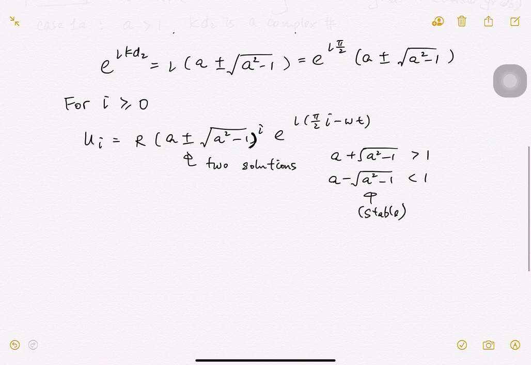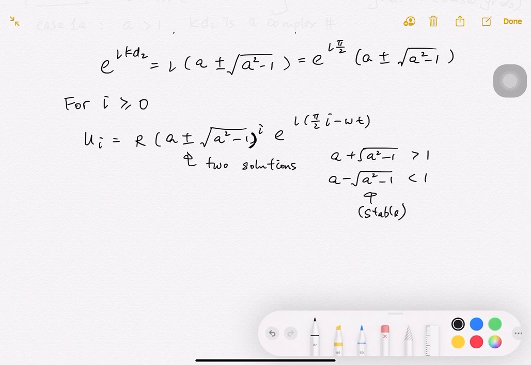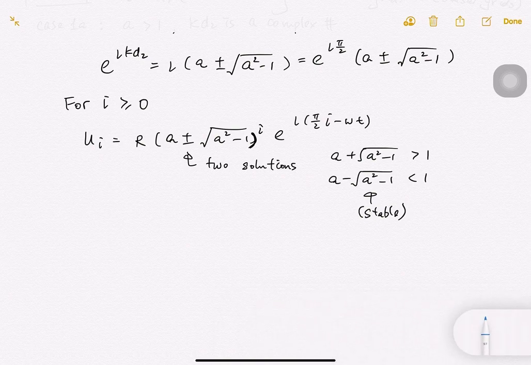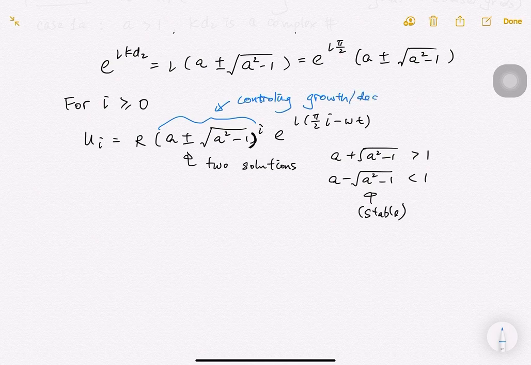Because this term is controlling the growth and decay of the solution, or controlling the stability of the solution.